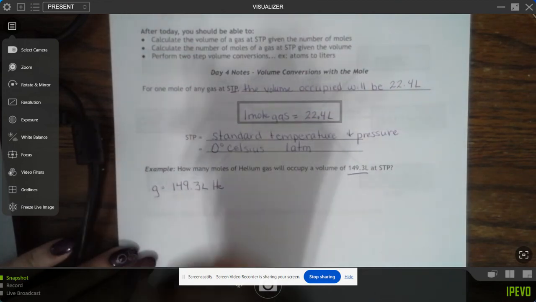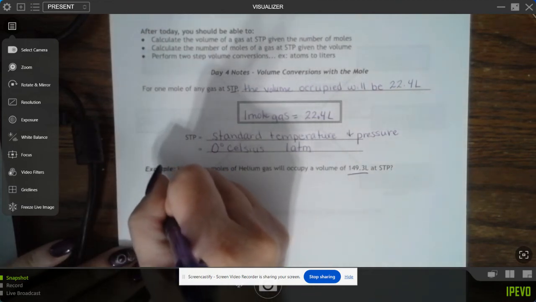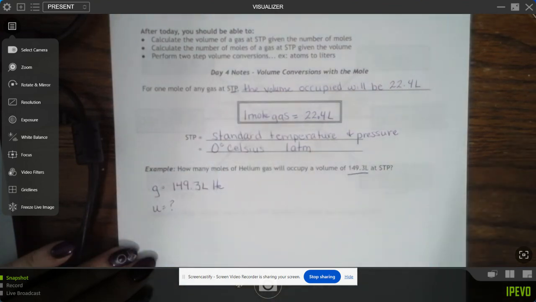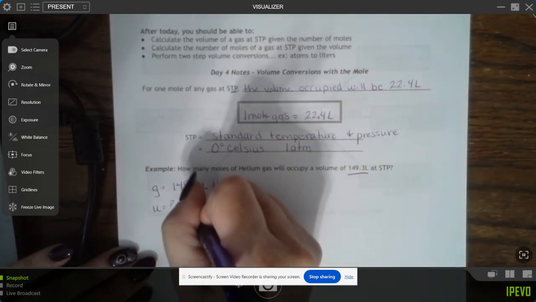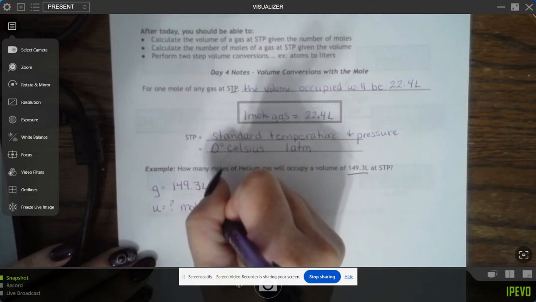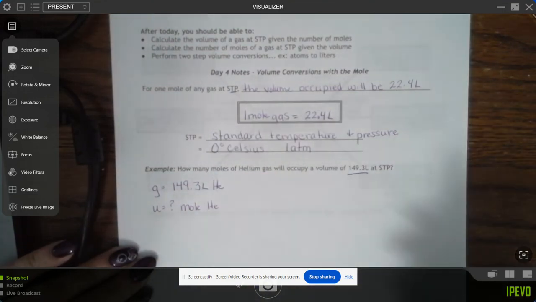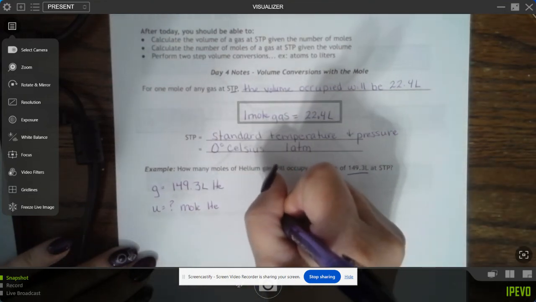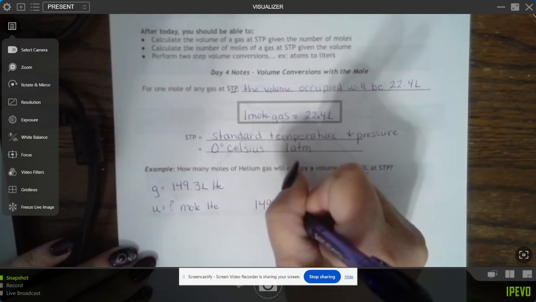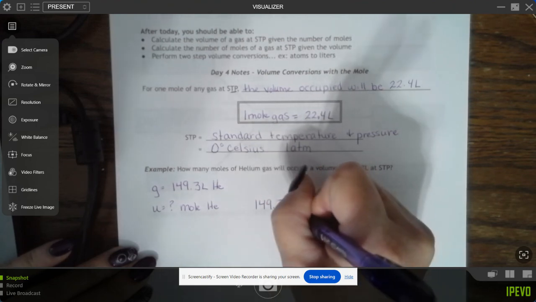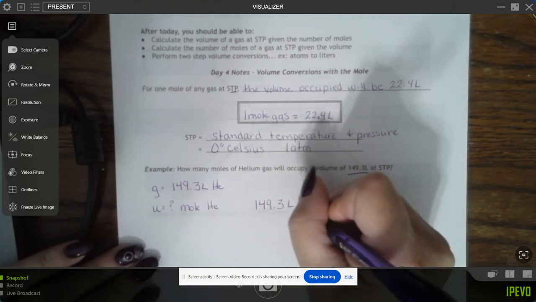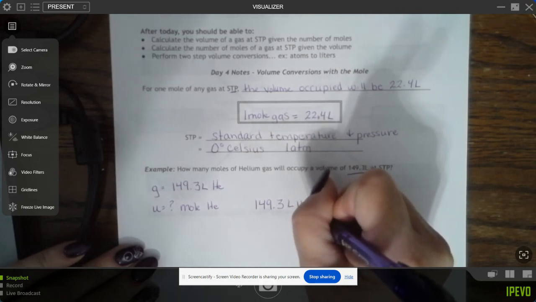We are looking for moles of helium. So we're going to set up our conversion. Hopefully by now, these conversions are easy peasy. If they're not, we need to get you to practice so they get easy peasy.